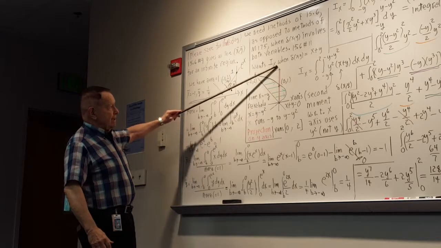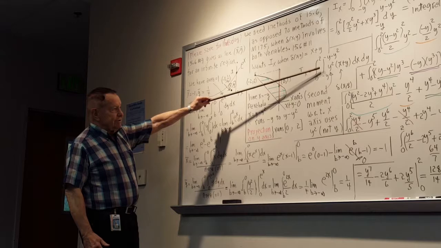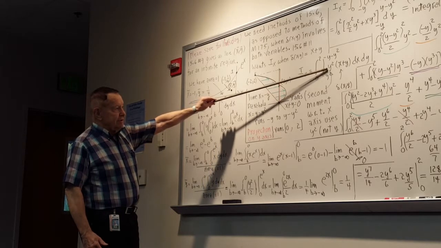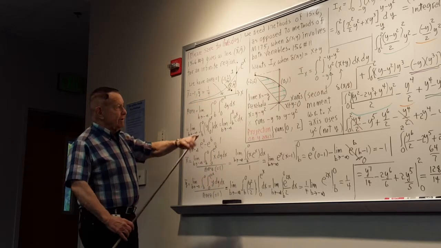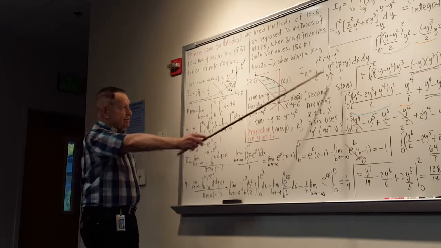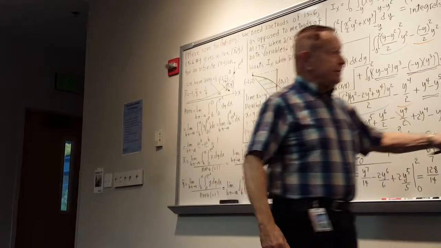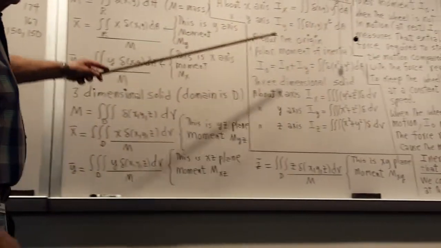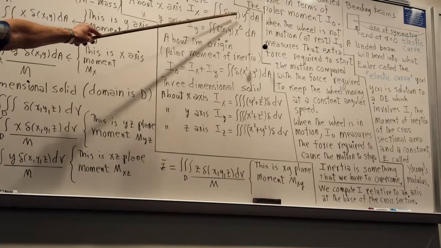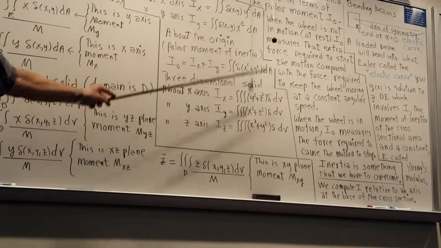And it just asked for I sub x. So I sub x is your integral, your lever arm relative to the x-axis is y, and your moment of inertia is your second moment. So your density, your y squared, dA.